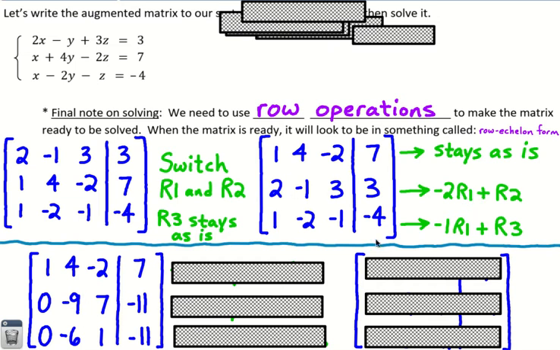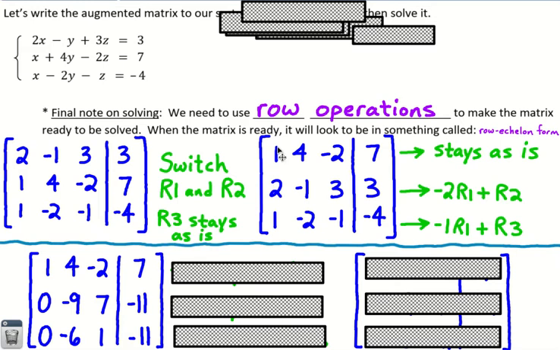This was a combination of row 1 and row 2, and this was a combination of row 1 and row 3. So it's very easy to create opposites in order to make these zeros if this number is a 1.